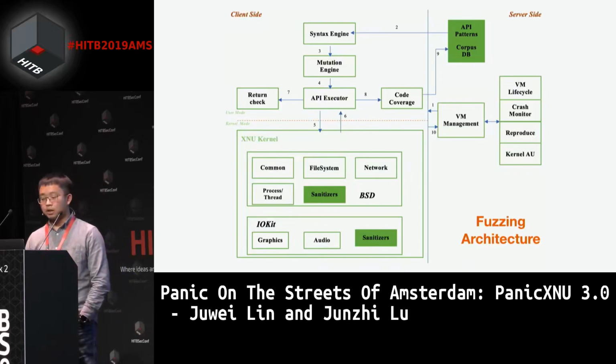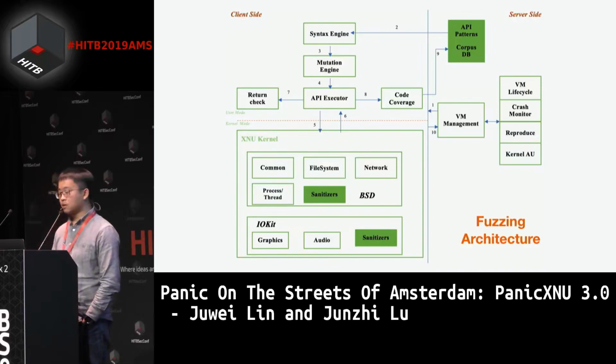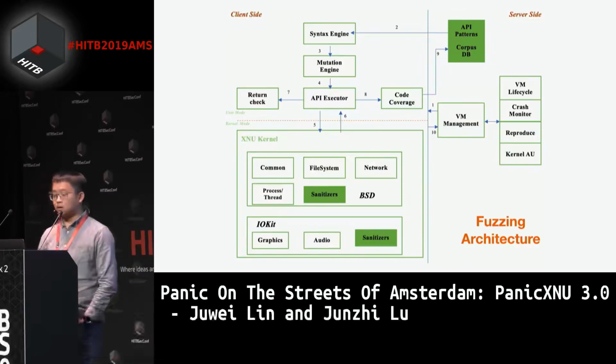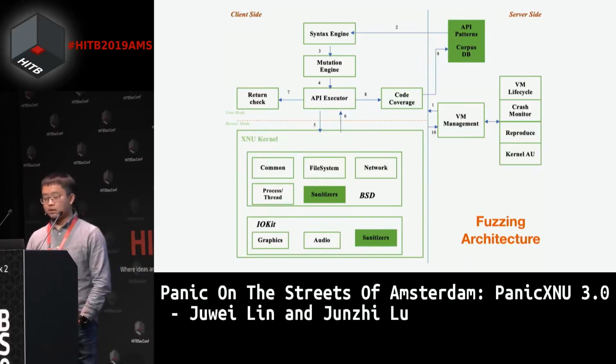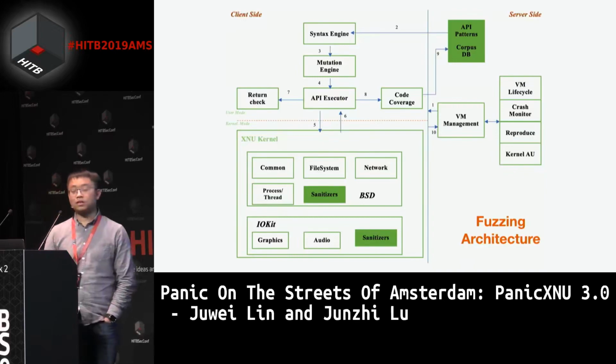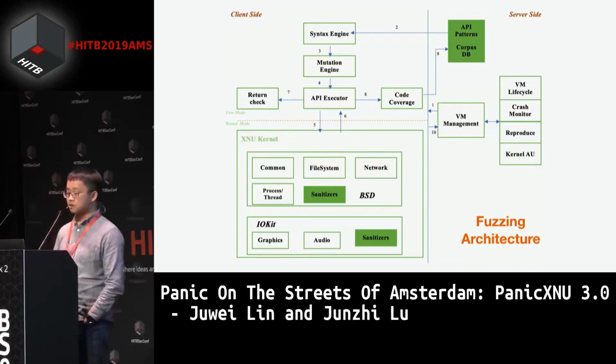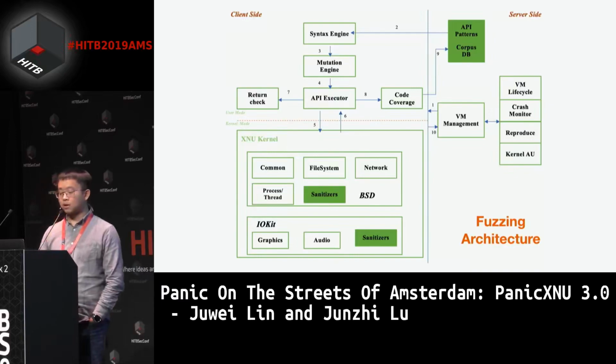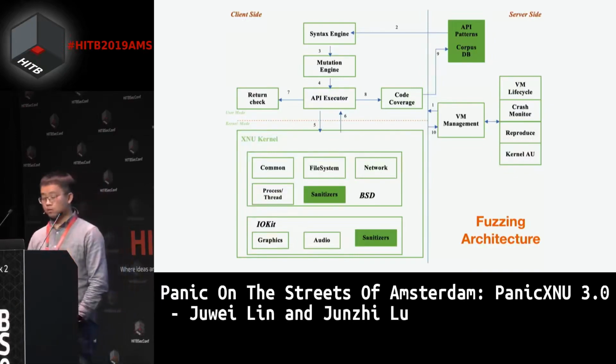Step 2, the syntax engine, or generation engine, will load the API patterns and the corpus DB, then generate some syscall requests. Step 3, the mutation engine can also mutate some parameters for these API calls. Step 4, the API executor will receive these parameters and do the real request.